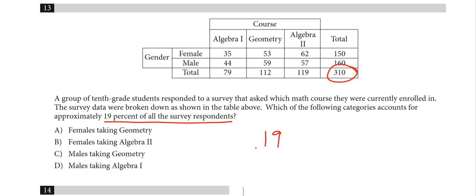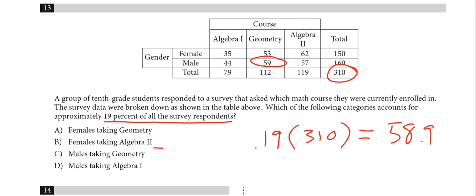What's 19% of 310? When you multiply it out, 0.19 times 310, don't we get 58.9? I'm hoping that that number right there in the chart is jumping off the page at you.